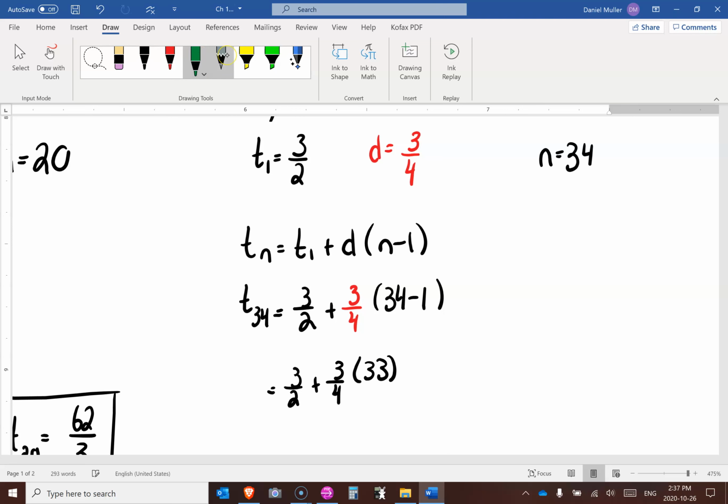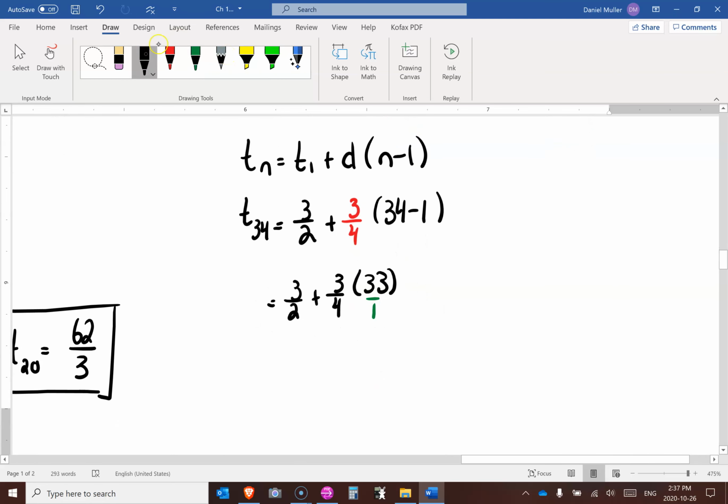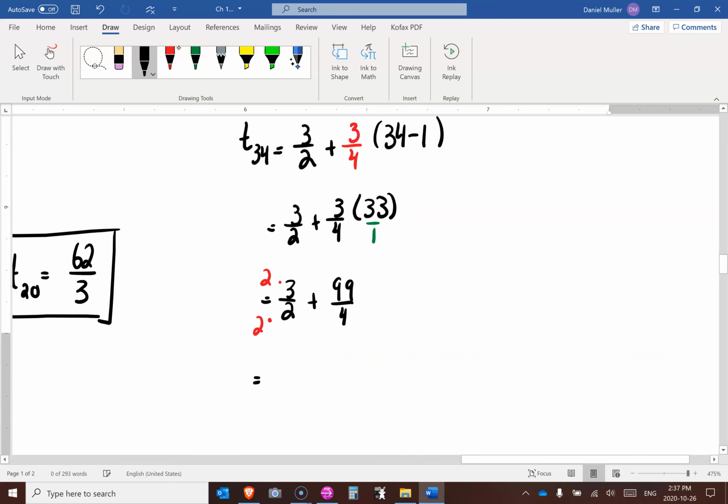Now remember, this is over 1, so I need to multiply to get a 99. 3 over 2 plus 99 over 4. So I guess I'll times this by 2 and this by 2. So 6 over 4 plus 99 over 4.